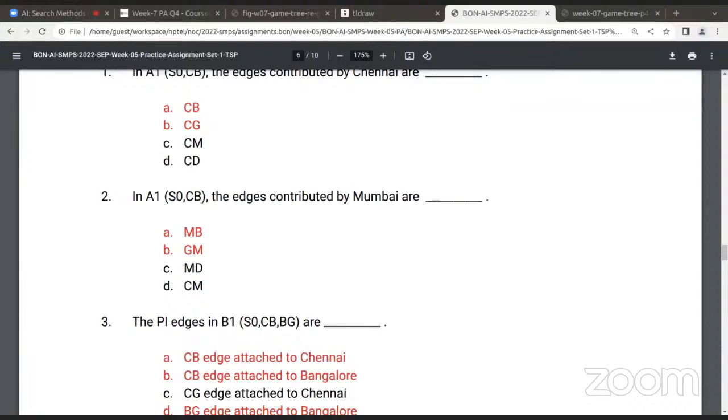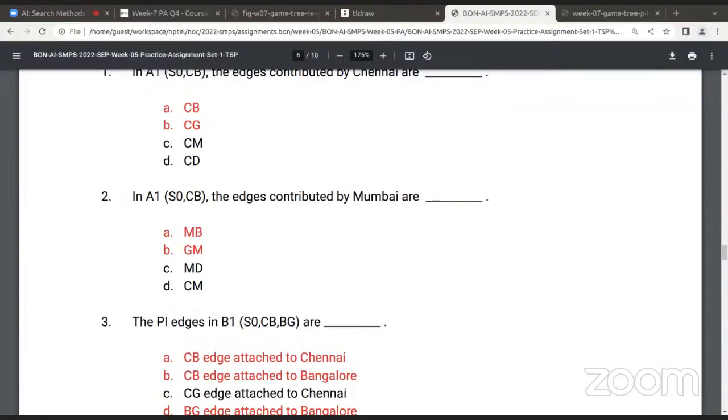Let me first draw. I'm writing it on a sheet of paper here. Bangalore, Goa, Mumbai, Delhi. From Chennai to Bangalore, from Chennai to Goa, from Goa to Bangalore, from Goa to Mumbai. Now from Mumbai to Goa, Mumbai to Bangalore.